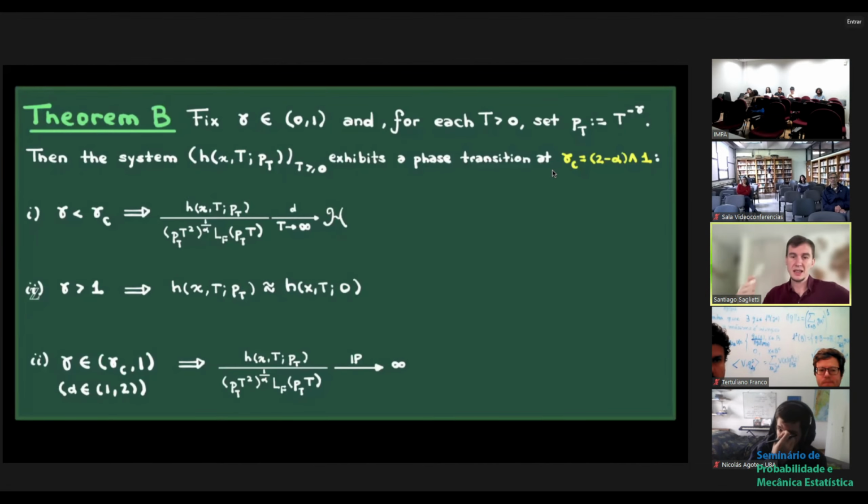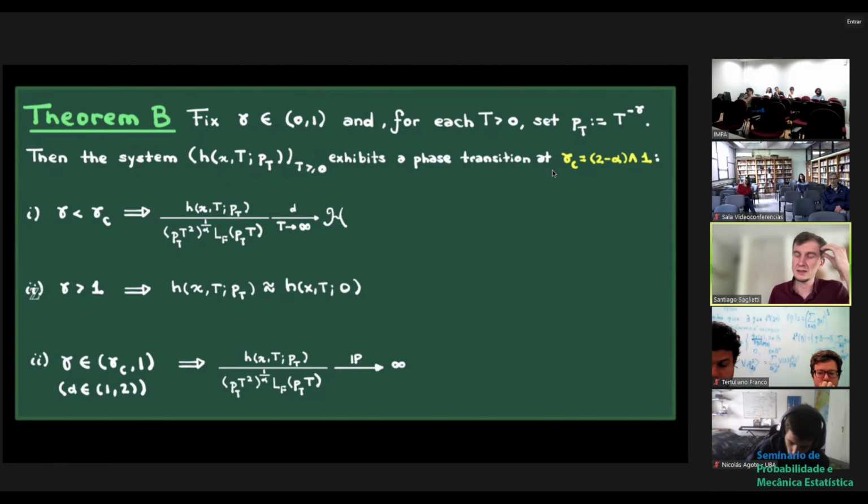Theorem B says that if you fix some gamma between 0 and 1, then for each t you take the sticking parameter of the form t to the minus gamma. So when t goes to infinity, the sticking parameter goes to 0 polynomially. Then the system, you can think that x is 0, so the height at time t of the column of blocks above the origin, for the model with sticking parameter p_t equals t to the minus gamma.